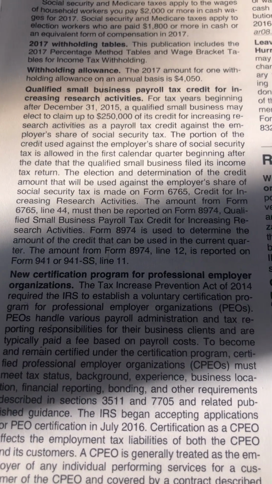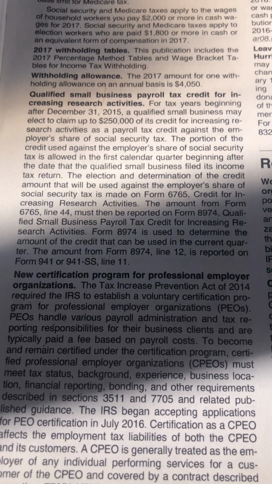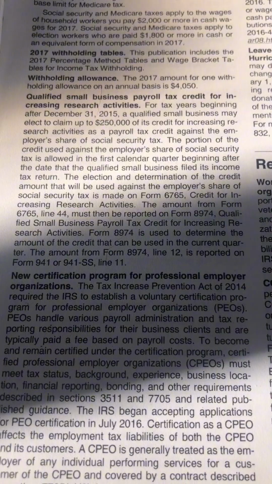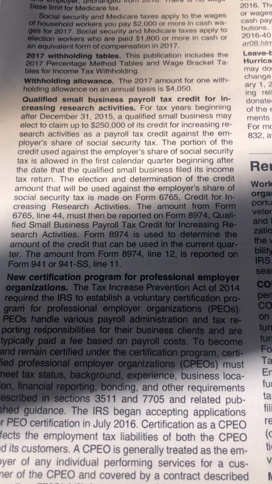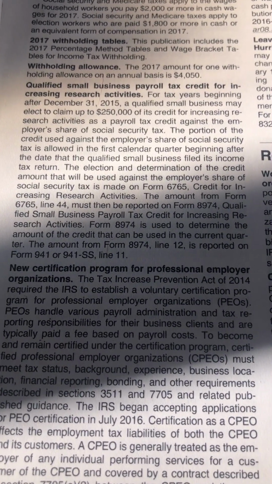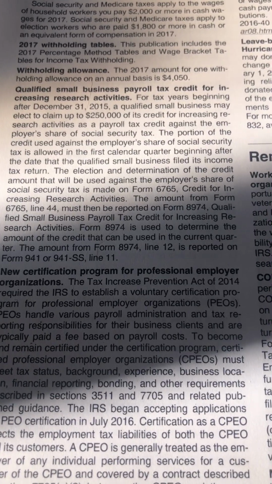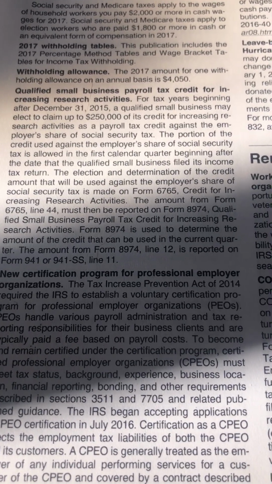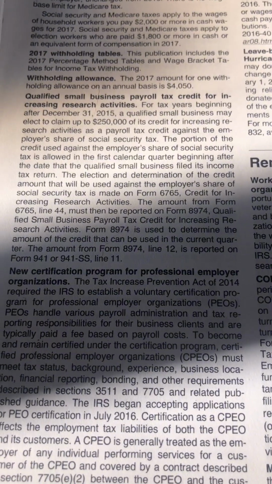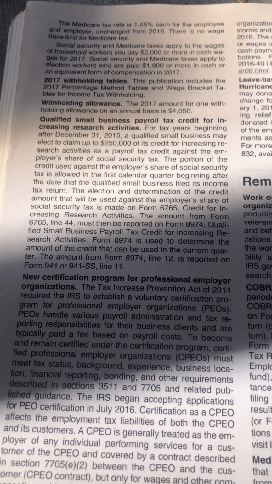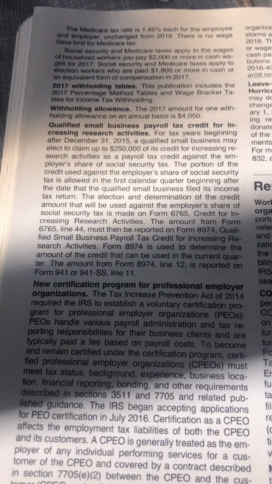And then they might ask what form you would use to file, and that would be 6765. They might ask what form is used for that determination of the credit, and that would be 8974.